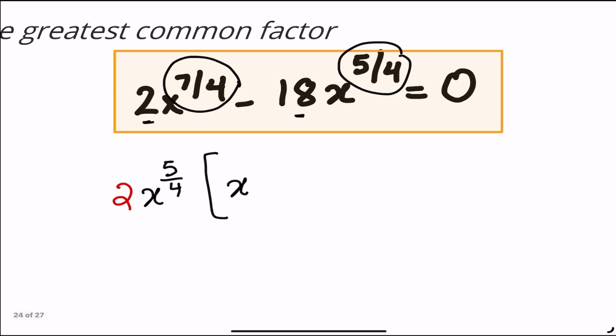What do I add to 5 over 4 to give me 7 over 4? 2 over 4, because 5 plus 2 is 7, and the common denominator is 4. That brings me back to 7 over 4. 2 times what gives me 18? 9. I do have 5 over 4. That's equal to 0.